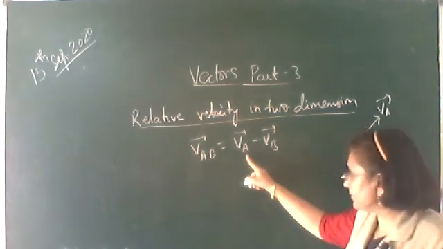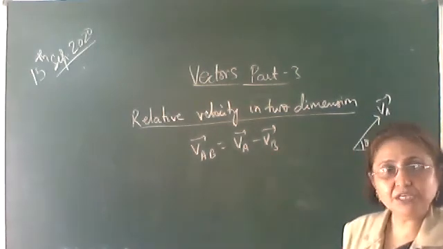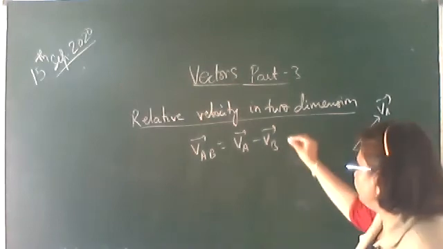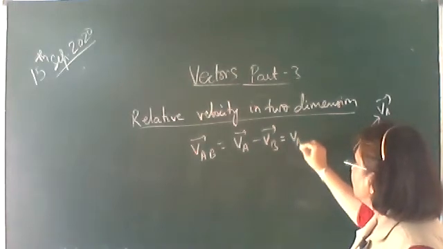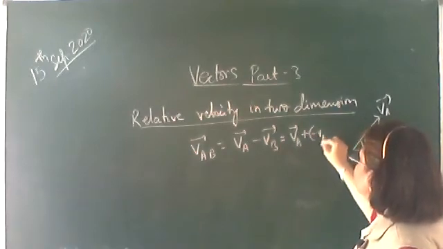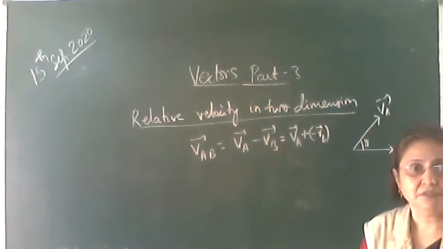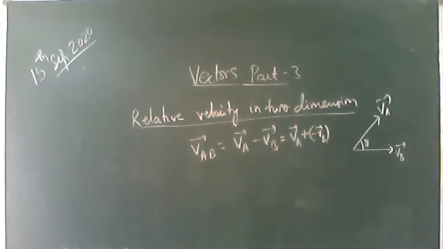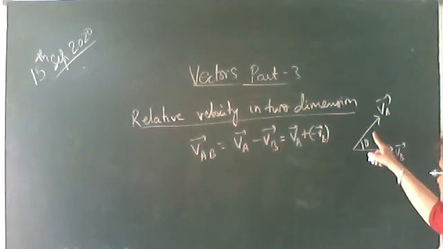Okay, now here you have to find out VAB vector, which can be written as VA vector is added to minus VB vector. So here we'll add A vector to minus VB vector.